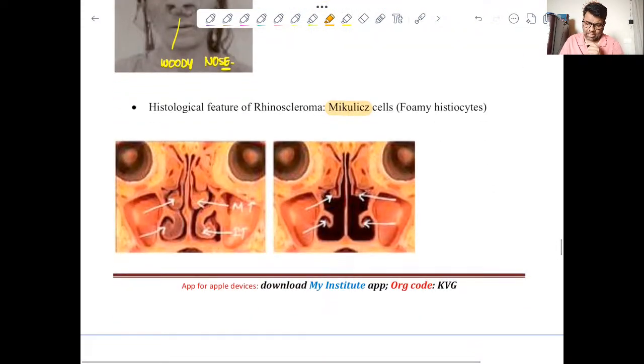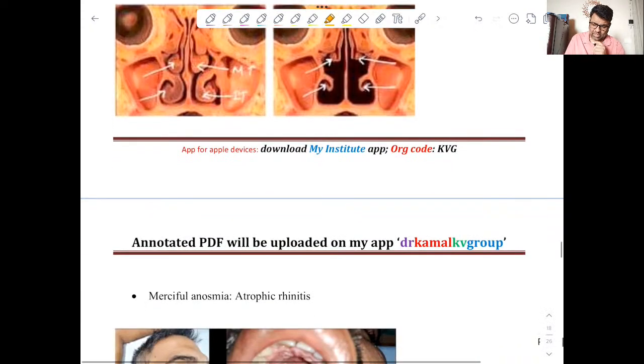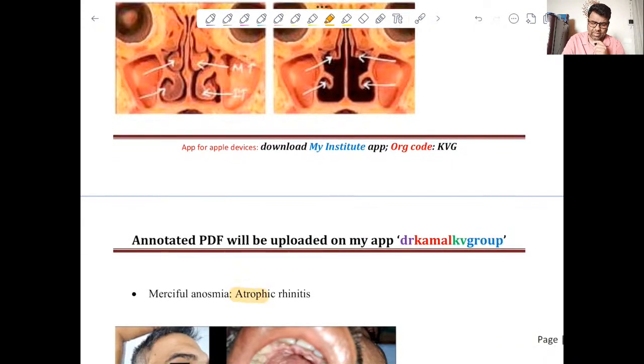So Mikulicz cells are important here. Then another condition is atrophic rhinitis, also known as merciful anosmia. Now atrophic, there is atrophy of bones and there is atrophy of nerves. Because of atrophy of nerves, there is anosmia. The patient cannot sense the smell.